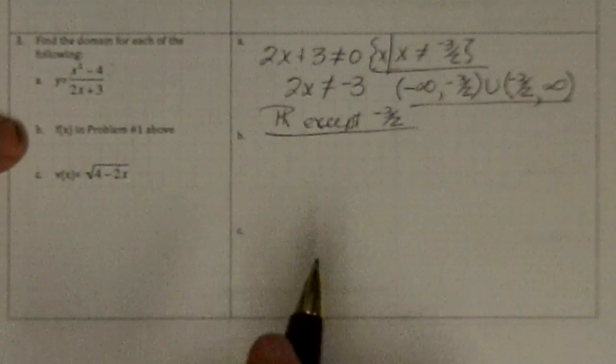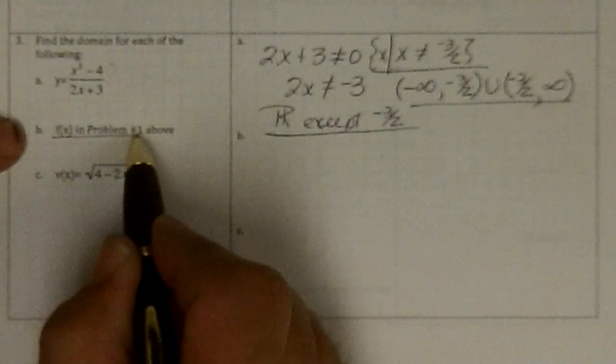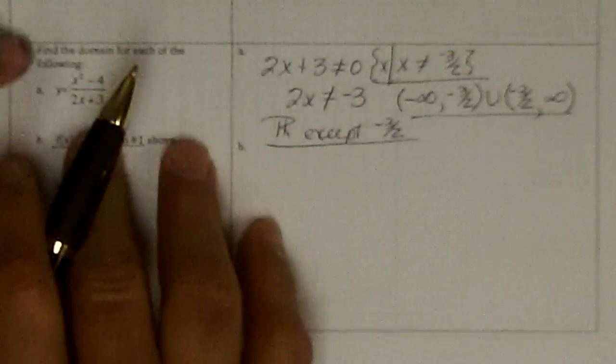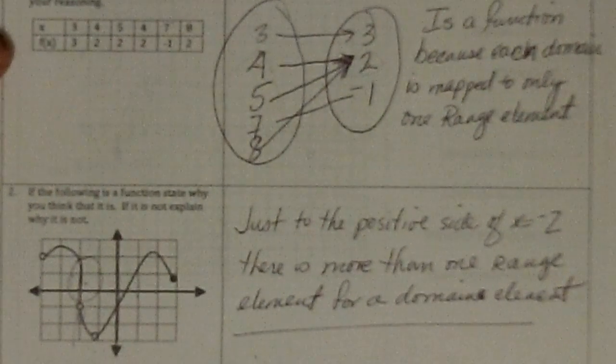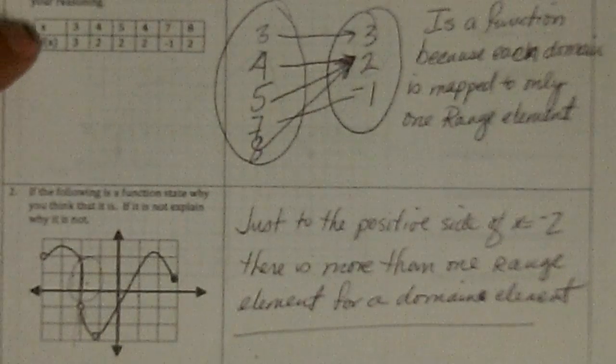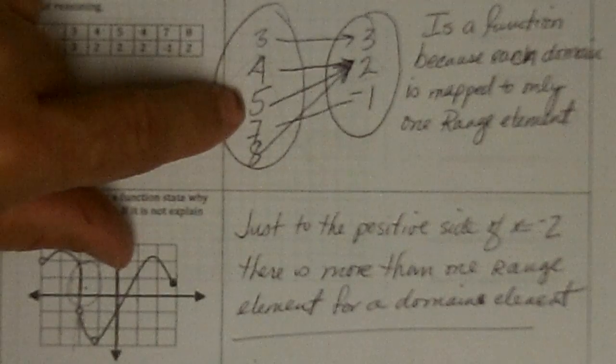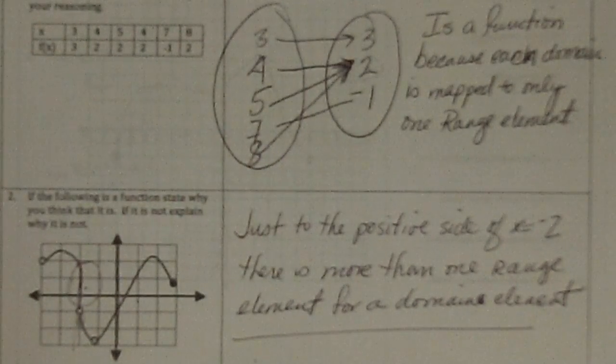On part B, some people couldn't figure out that this is 3a and problem 1 is clear back up here. The domain, well, the domain are the x values, those numbers, 3, 4, 5, 7, and 8. Not the numbers in between them. Not 3.5, not pi, not any of the numbers in between.